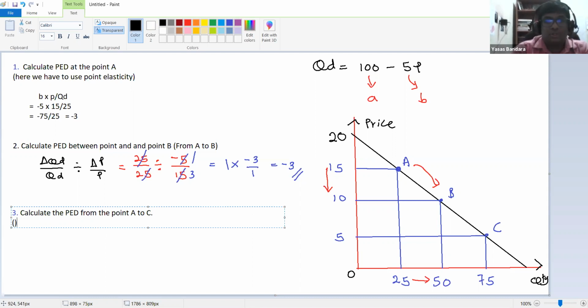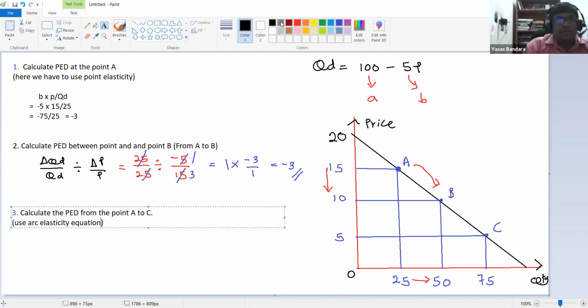Here we use arc elasticity. Use arc elasticity equation. Can you remember that equation I gave you a while ago? Yeah. So it's like the second equation, slightly different.